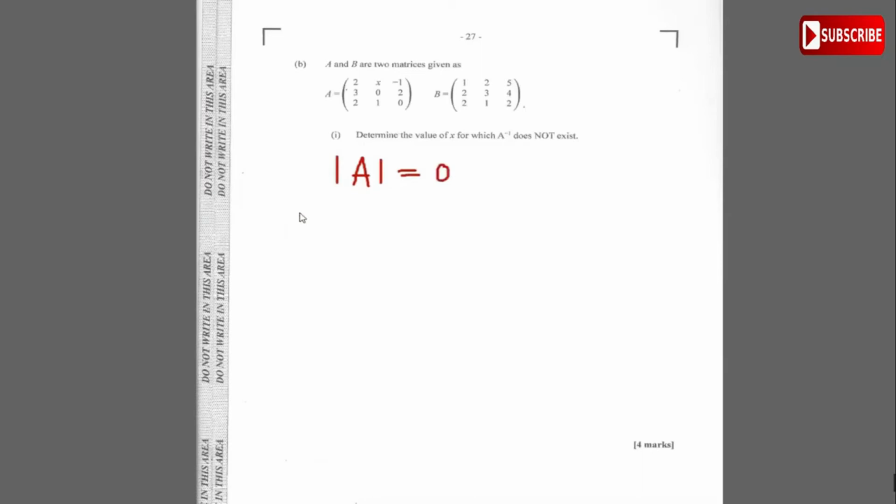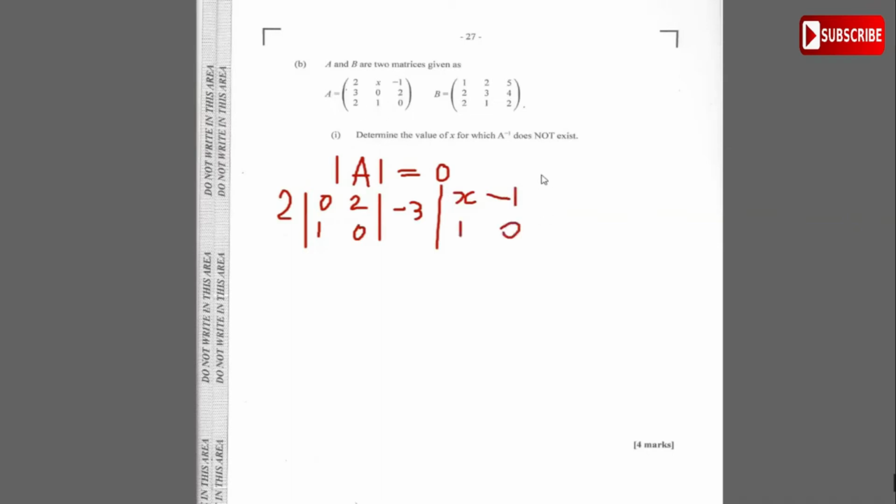The determinant of A, using column 1, is going to be 2 times the minor with 0, 2, 1, and 0, minus 3 times the minor with x minus 1, 1, cross this, so it's 1, 0.